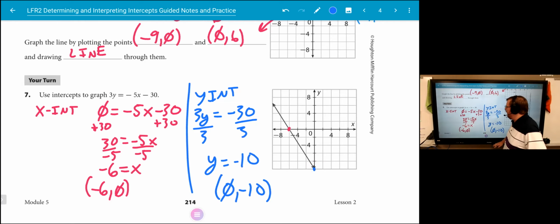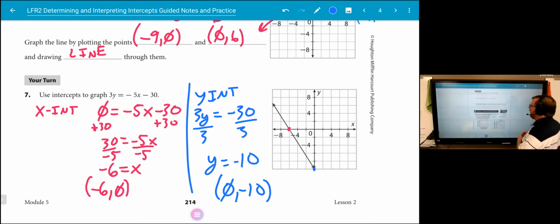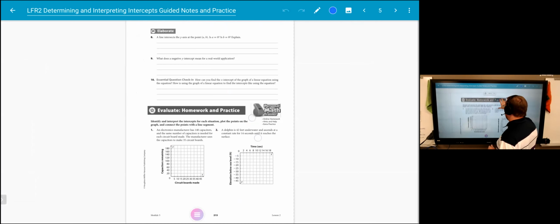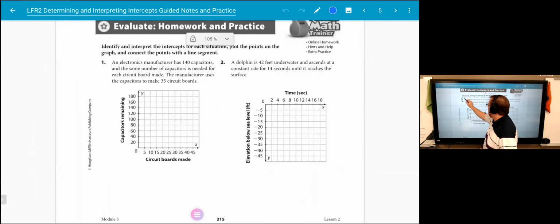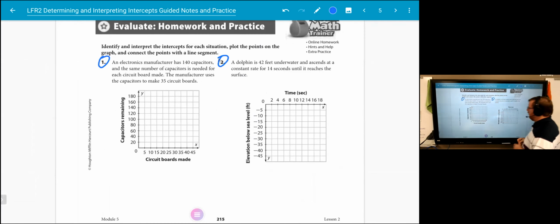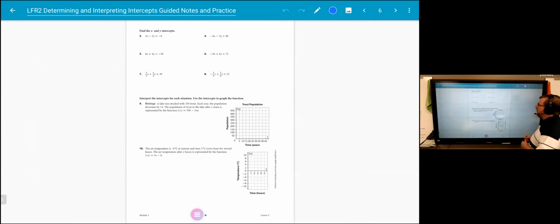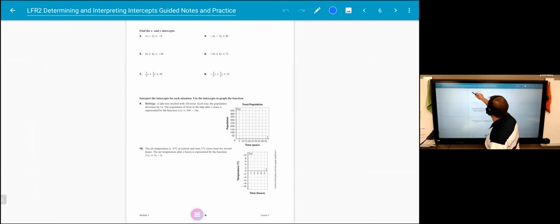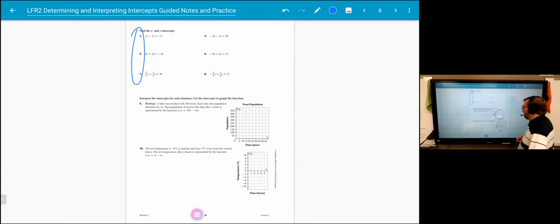Looks good. All right. Part 2 is going to give the interpreting part. So let's take a look at what I want you to do here. For this part, I want you to at least do 1 and 2 on 215. Then go ahead and do 3, 5, and 7.